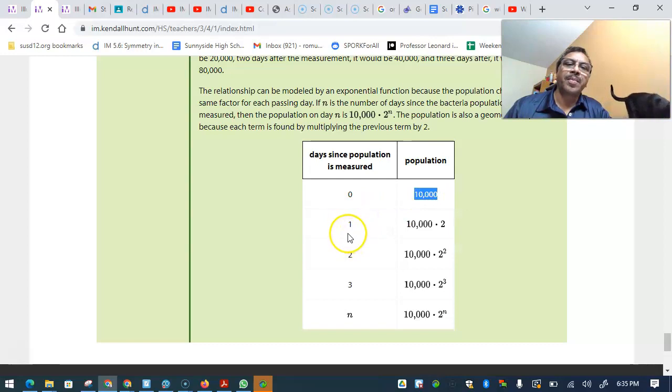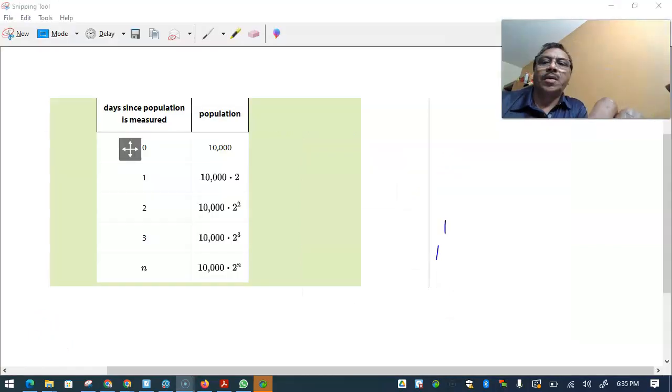And then in 1 year, the population is multiplied by 2. So you can see there's a multiplication, 2 is multiplied. Then the next one is 10,000 times 2 squared. What does that mean? From this step to this step, you're multiplying by a factor, right?